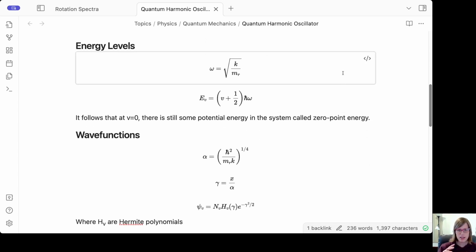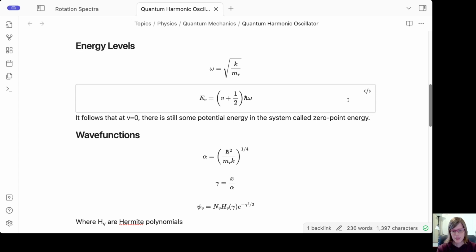So first you define omega as the square root of k over the reduced mass. And the reduced mass is the product of the two masses divided by the sum of the two masses, since we're only looking at a diatomic molecule here.